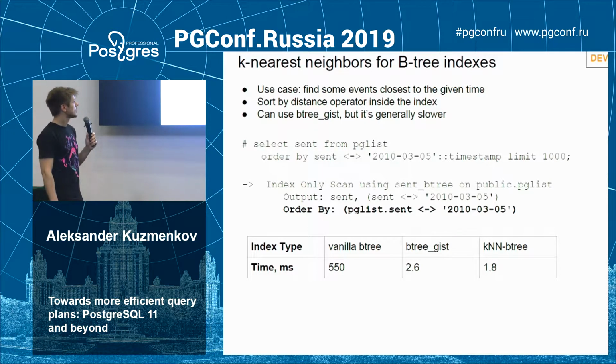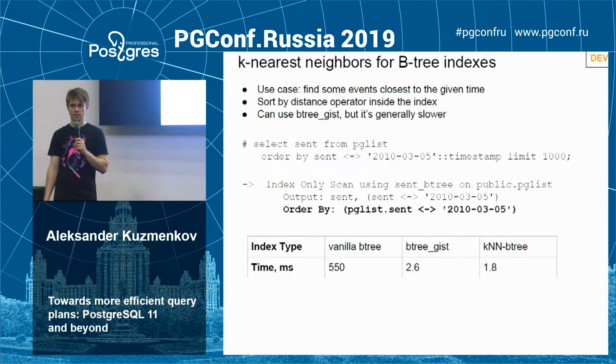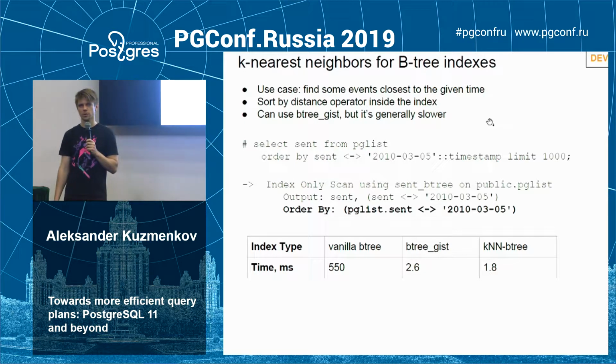Yet another interesting algorithm for B-tree index that is being developed: KNN, the K nearest neighbors. We have GiST now, and all GiST indexes already support this. If you just had to count and search for the KNN using the GiST index, we have the supporting GiST indices.